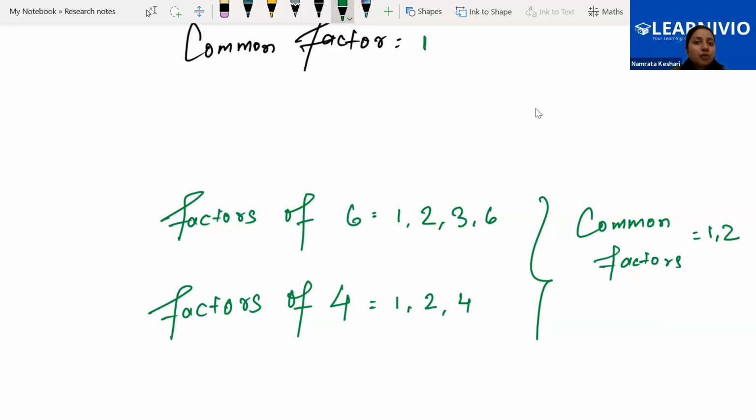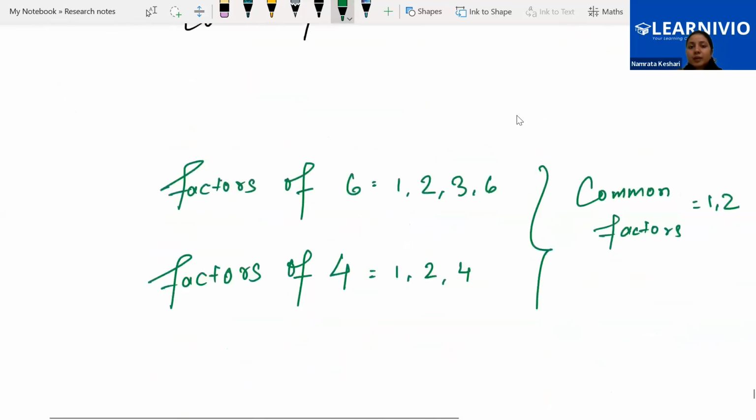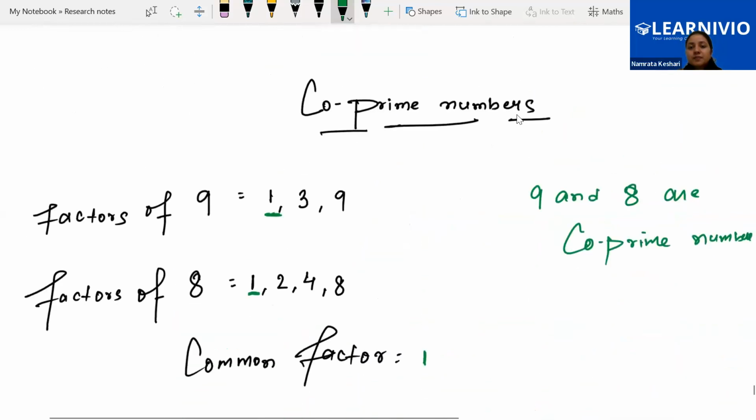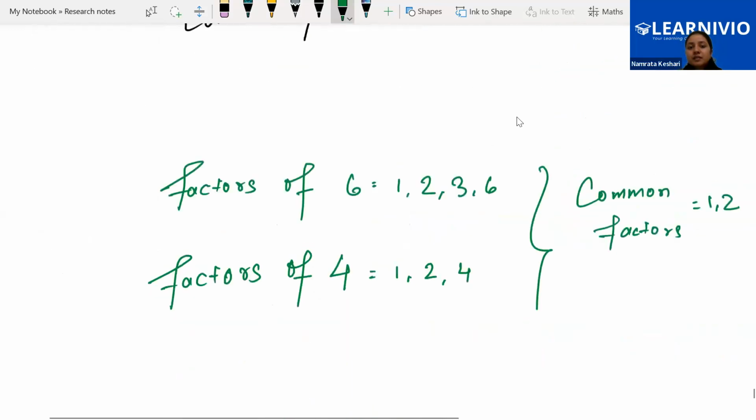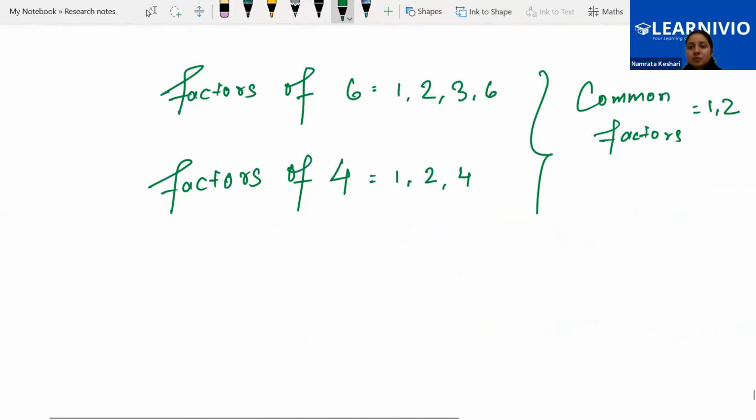Hence, 6 and 4, is it a pair of co-prime numbers? Yes or no? Yes, ma'am.